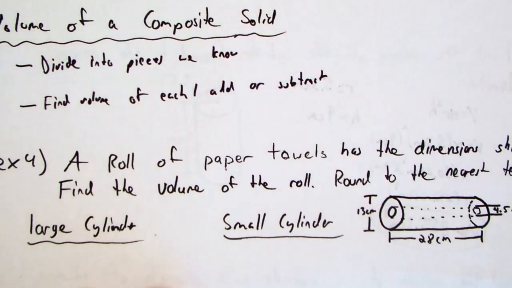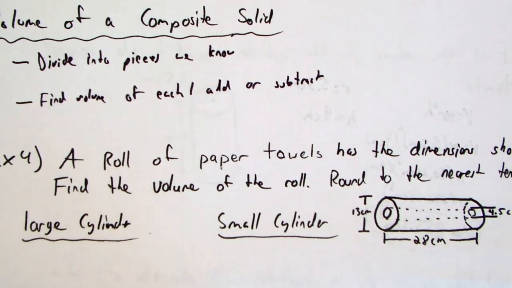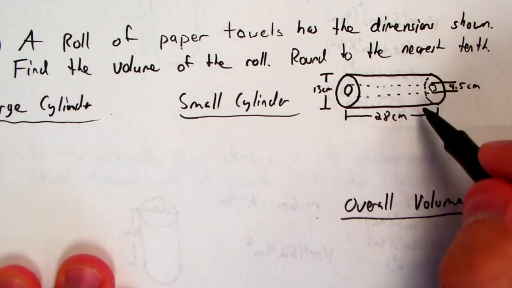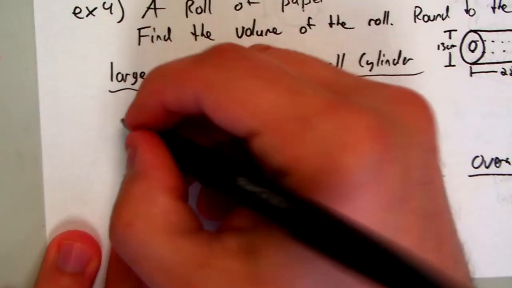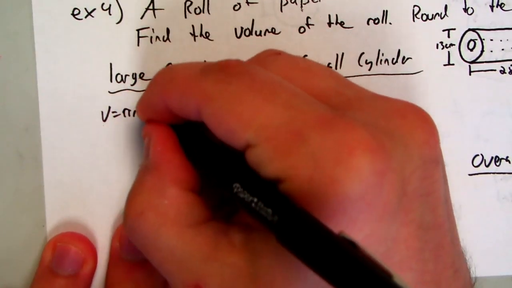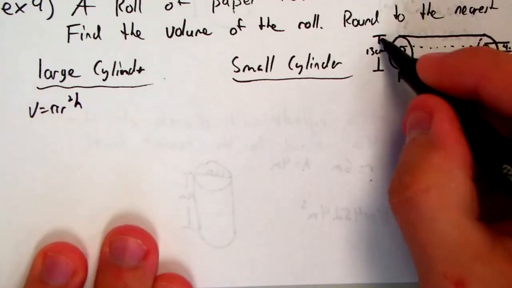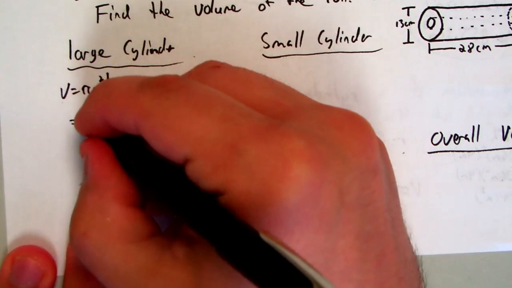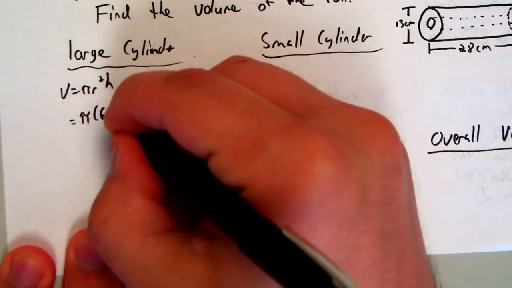So we have two cylinders here, large cylinder and a small cylinder in between. So large cylinder, volume equals pi r squared h. The diameter of the large is 13, so the radius would be 6.5. And the height is 28 centimeters.